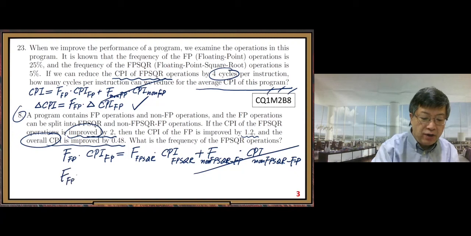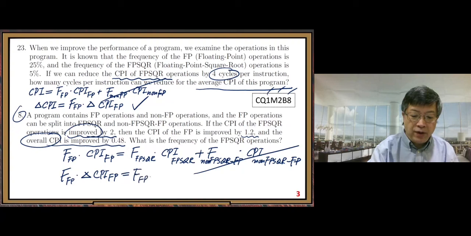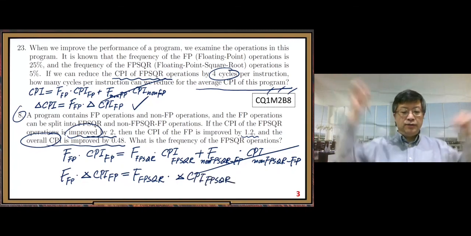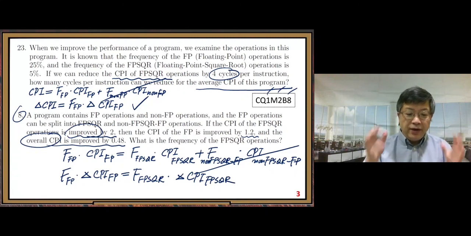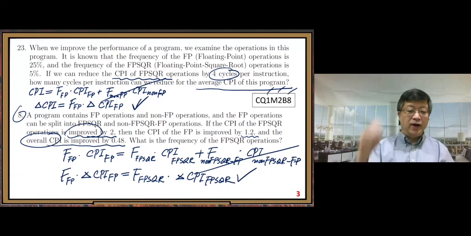So FP times delta CPI FP equals FPSQR times delta CPI FPSQR. See? Now we have two equations, this one and this one.